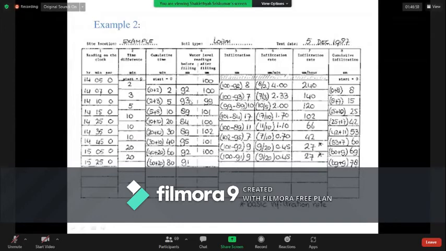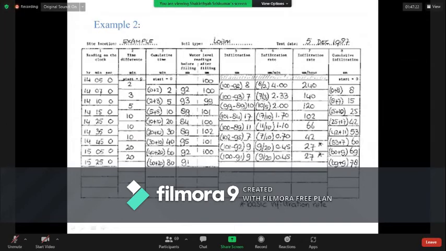After that, they refill, but this time it doesn't reach 100. It's 99. At the end of another 5 minutes, the reading is 89 millimeter. So what is the infiltration now? The difference, 99 minus 89, is 10 millimeter.